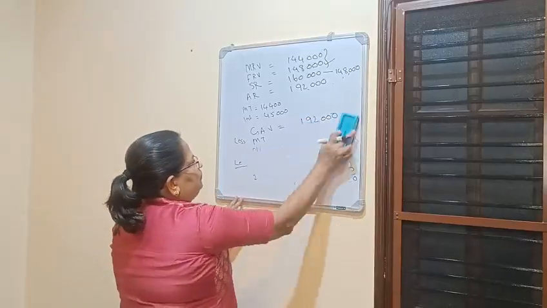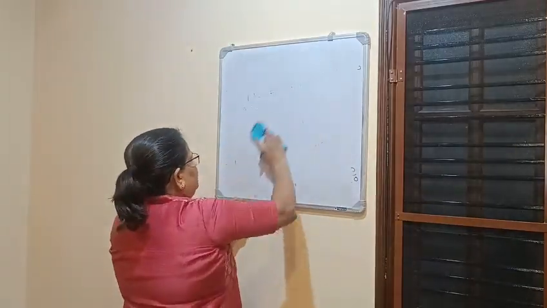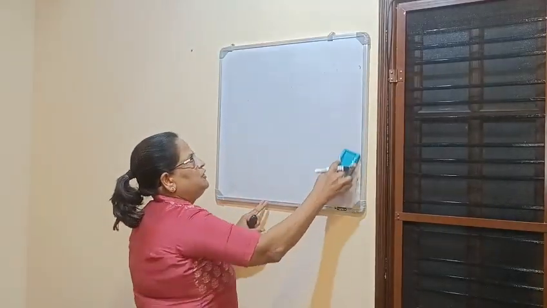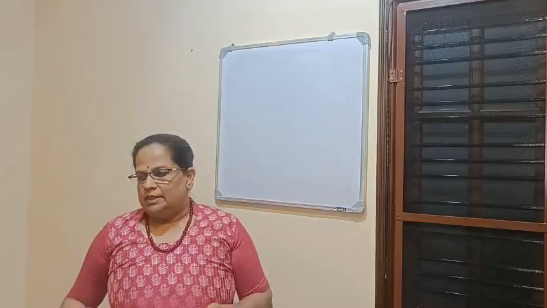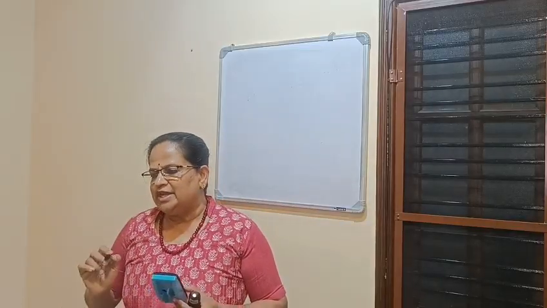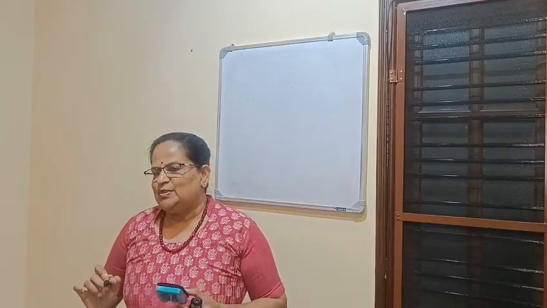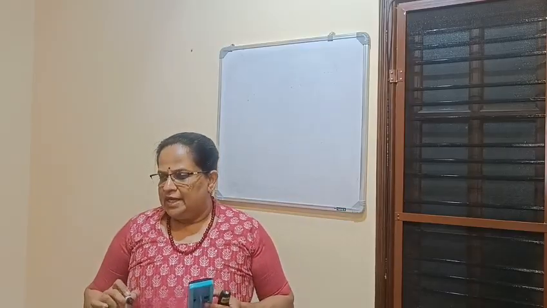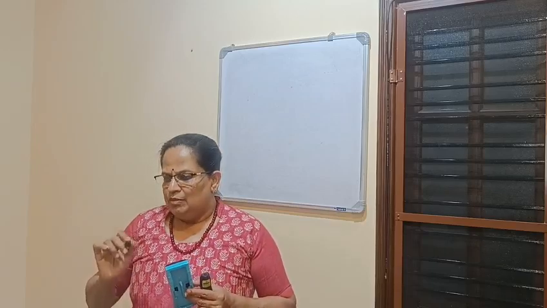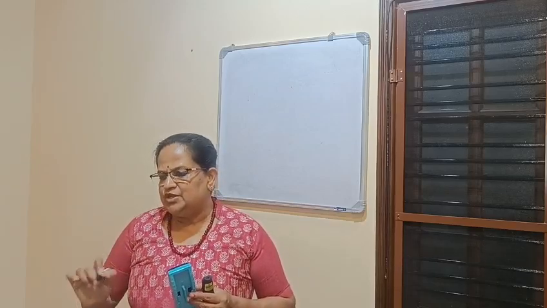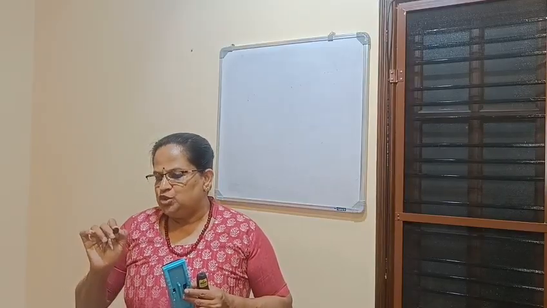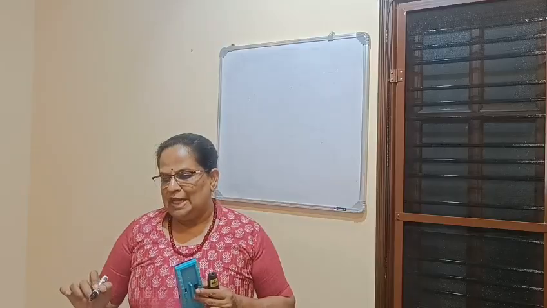Third problem. Mr. G has two flats of equal dimensions which are given on a rent of 10,000 each. Following expenses are incurred in connection with the house properties. Compute income from let out house property. Municipal taxes 10% of municipal value, that is 2 lakhs. Fire insurance premium 2% of municipal value, 2 lakhs.